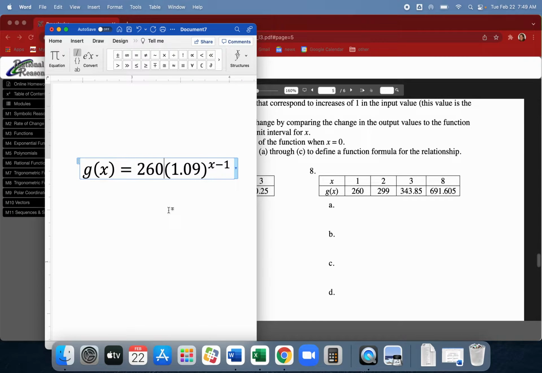So start at 260 and multiply by 1.09, 1 time fewer than what x value you want to find the y value for. So you can do that same sort of, well, shift it around, just kind of adjust by a factor. Same thing as that point slope form. So I could have written this all out without grabbing a calculator and getting that 1.09.